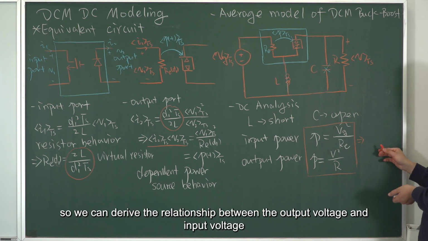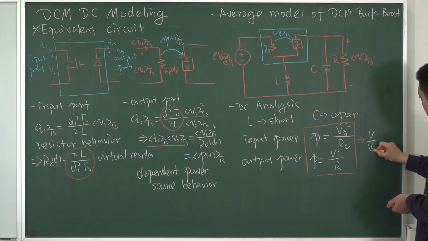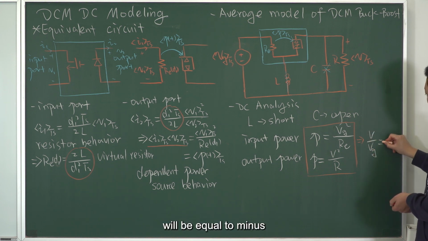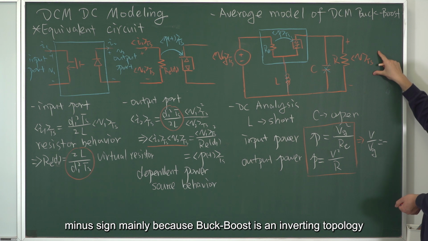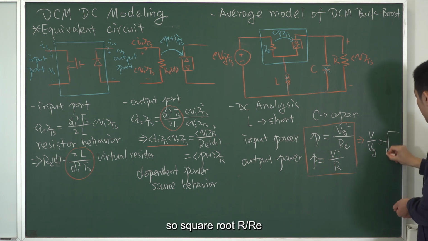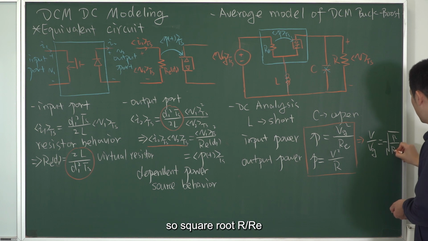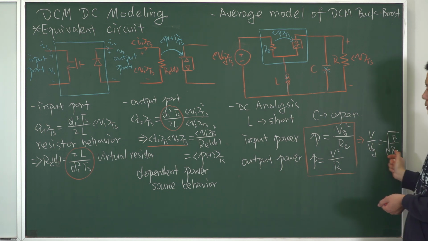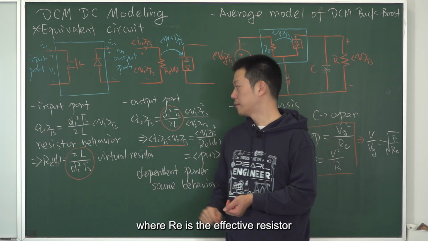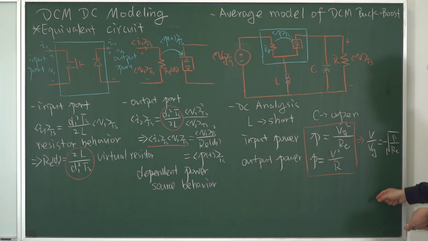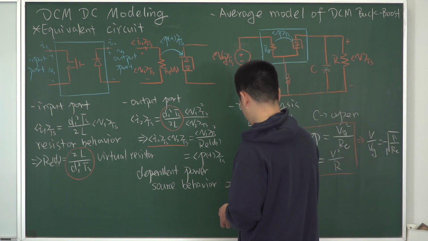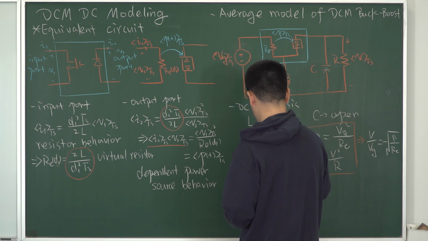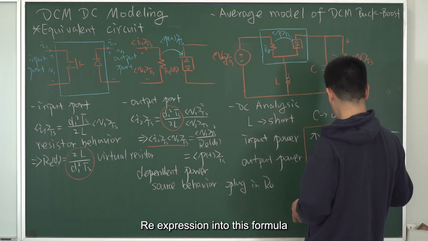So we can derive the relationship between the output voltage and the input voltage: V over Vg will be equal to minus square root of R over RE, where RE is the effective resistor. The minus sign is mainly because buck boost is an inverting topology. So next, we can plug in the RE expression into this formula.